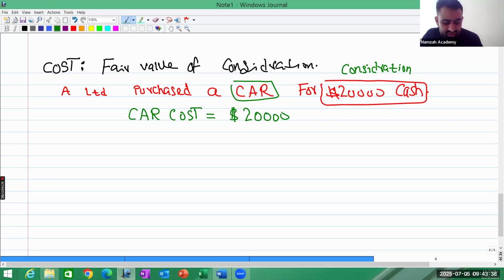Fair value of the consideration. Another example.